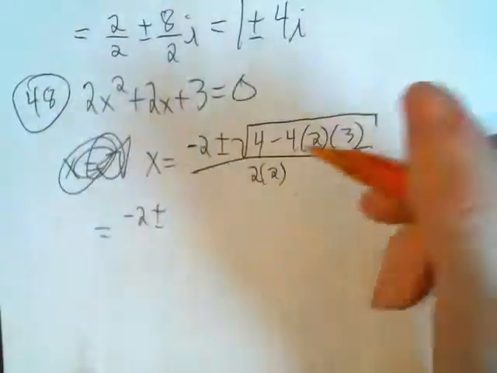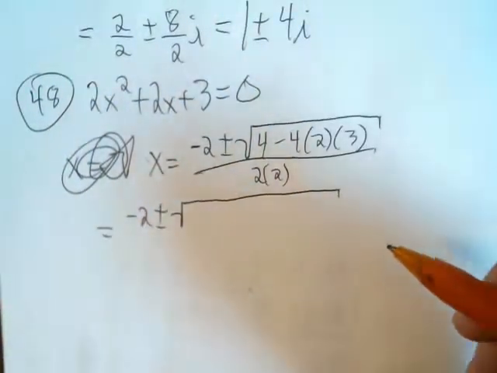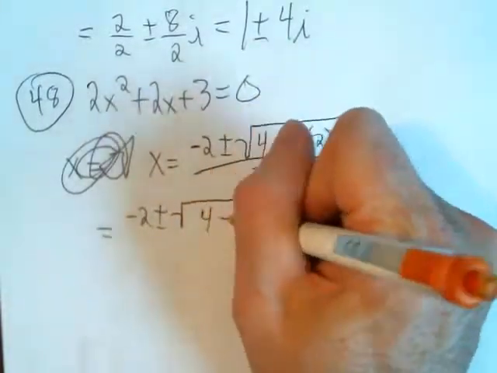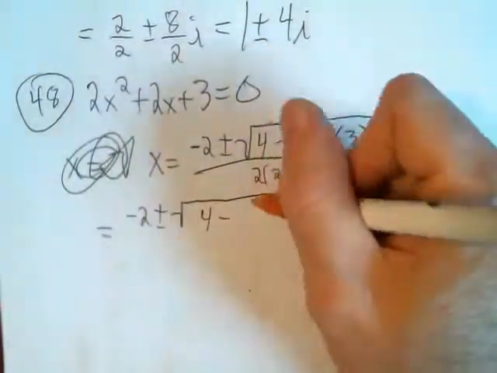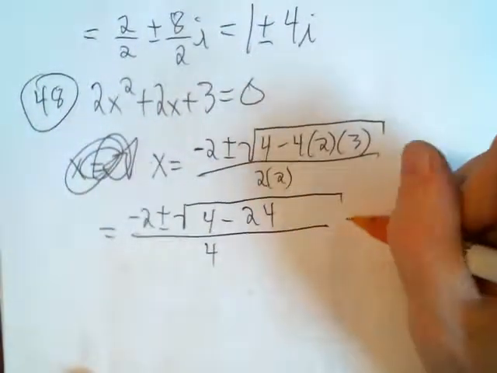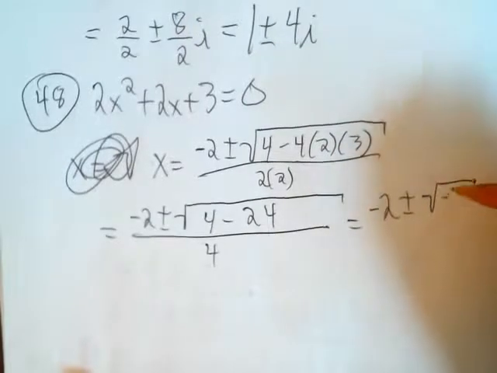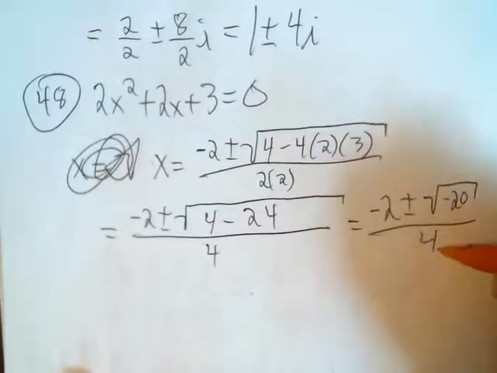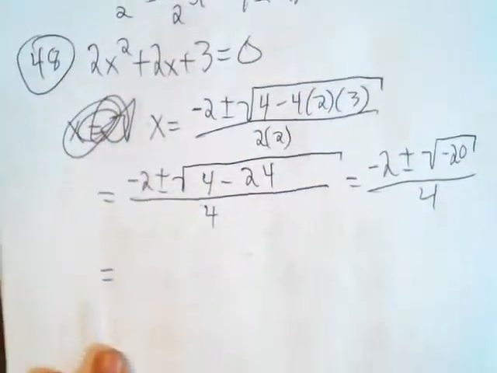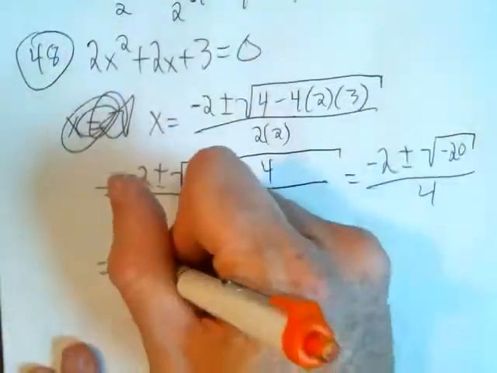Negative 2 plus or minus square root 4 minus 12 times 2 is 24, all over 4. That'll equal negative 2 plus or minus radical negative 20, all over 4. And then we want to start simplifying.